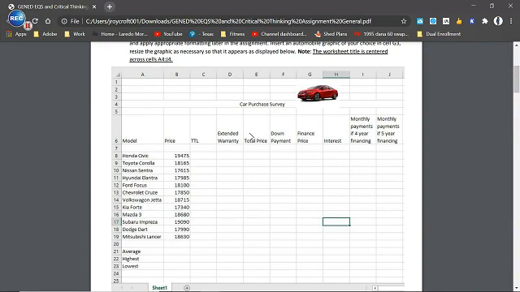If it doesn't, like total price, you don't need to do that. Down payment, you're going to type in down, Alt, Enter, and then payment. Finance, Alt, Enter, price. Interest, that's fine. On the other one, monthly, Alt, Enter, payments. If 4 year, Alt, Enter, financing. And the same thing for the last one here, okay?